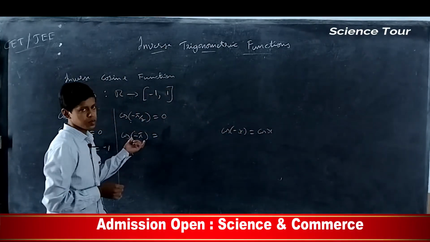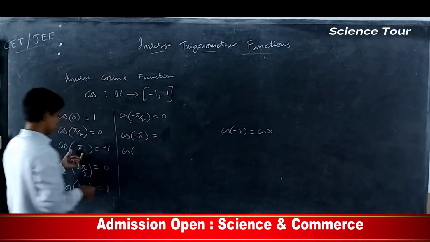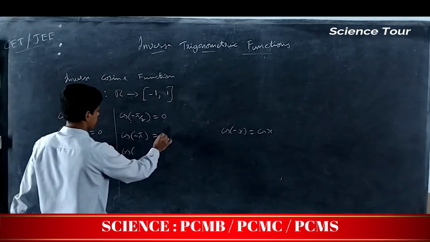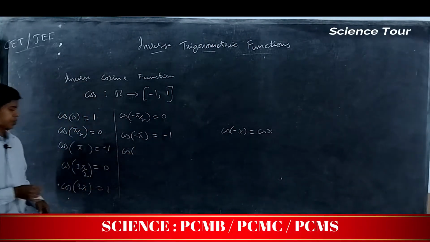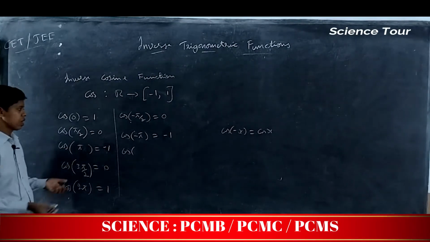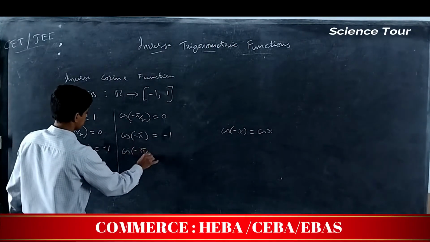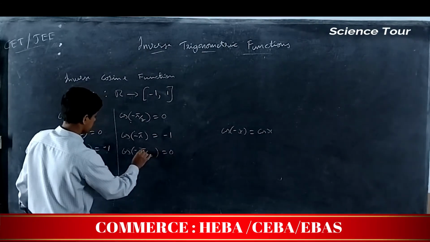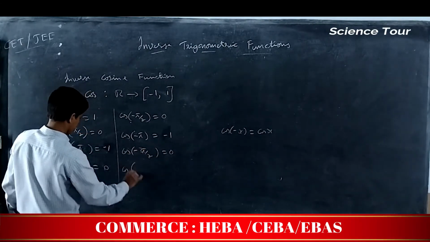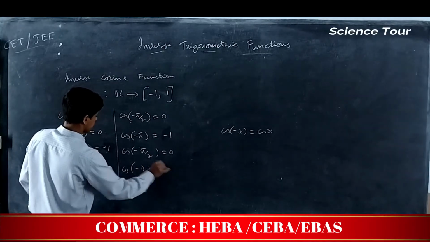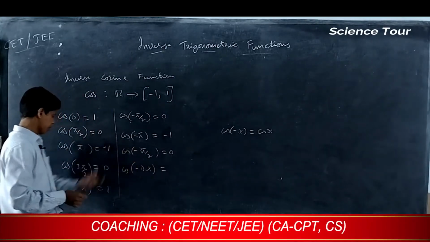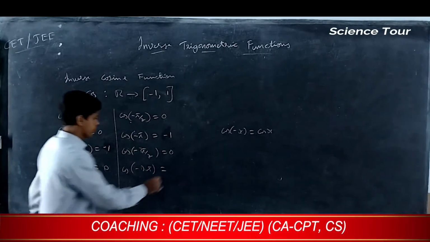So cos of minus pi is cos pi, and cos pi is minus 1. Right, so that will be minus 1 itself. And what about cos of minus 3 pi by 2? That will be 0 itself. Okay, and what about cos of minus 2 pi? So cos of minus 2 pi is cos 2 pi. Cos 2 pi is 1.